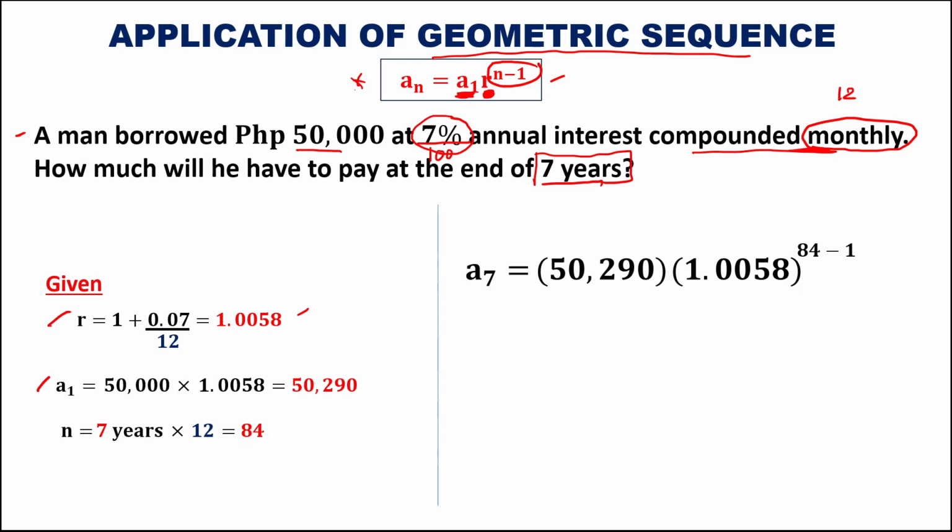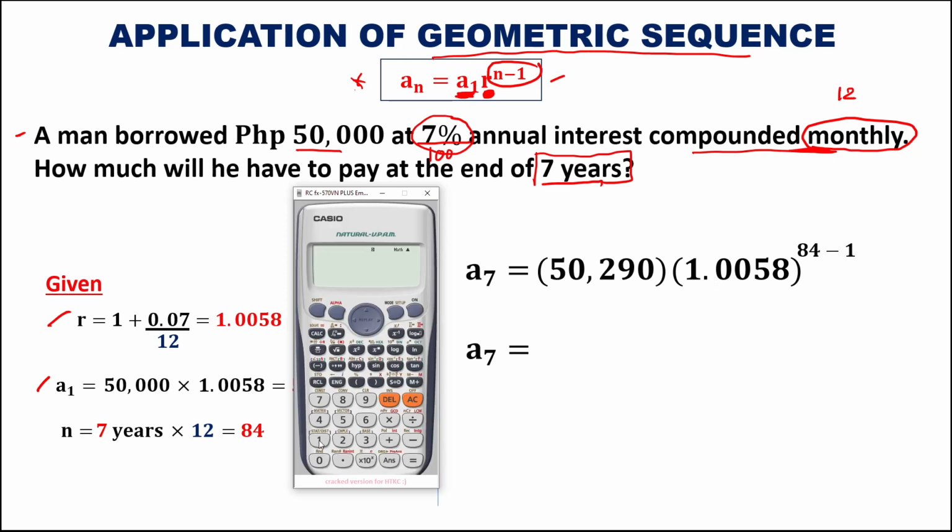And from this, we can find now the amount after 7 years. So this is 1.0058. Then to the power, so this 84 minus 1. So 84 minus 1, this one is 83. Then equals, then times this 50,290.